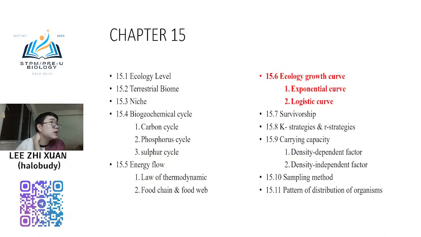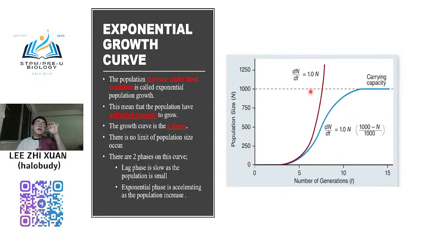So in general, we have two types of ecology growth curve, either exponential or logistic. Okay, so this is the combination of the curves. Exponential is the red line one, and another name we call it is the J-shape curve.